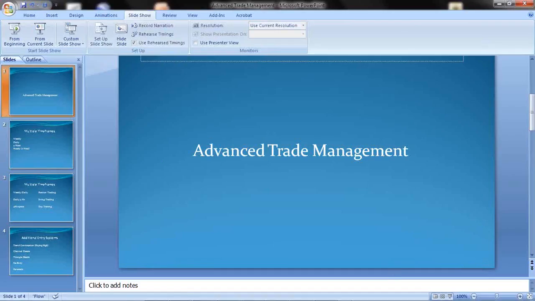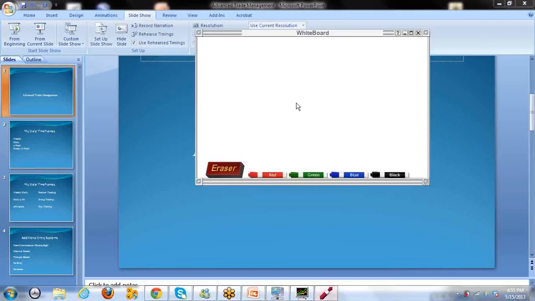Now, we did speak about the ABCD patterns.